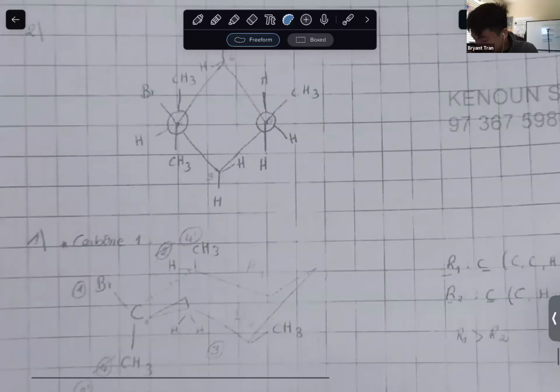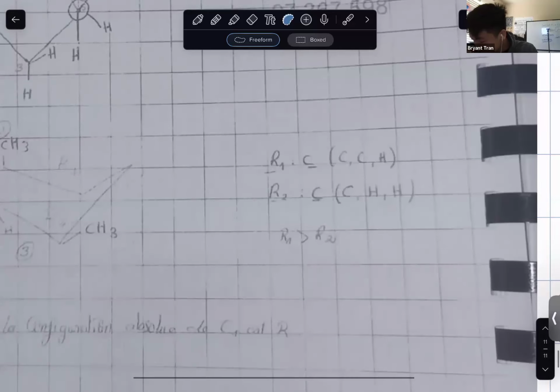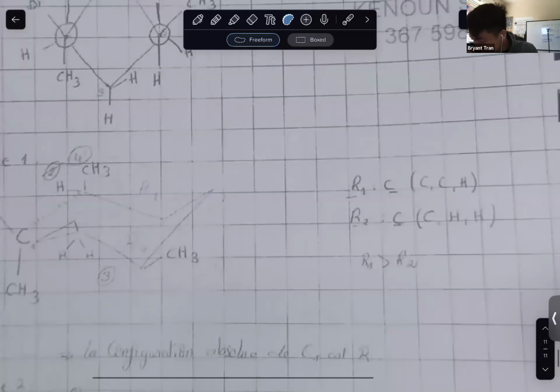Wow. And then he made this dash a wedge. It's interesting.